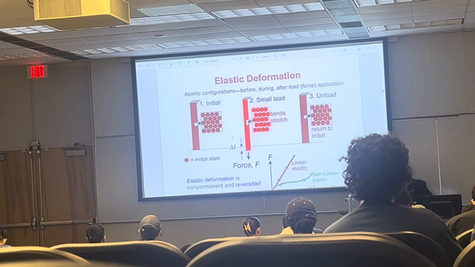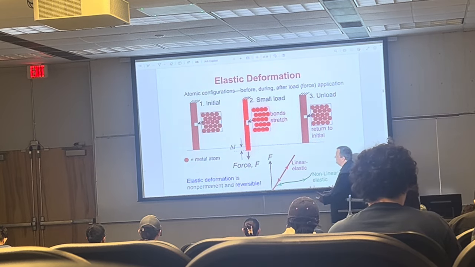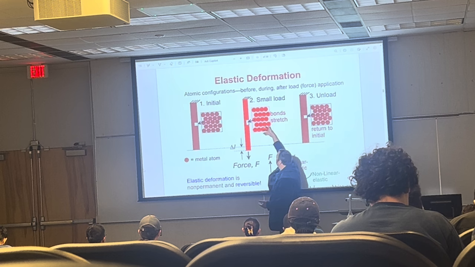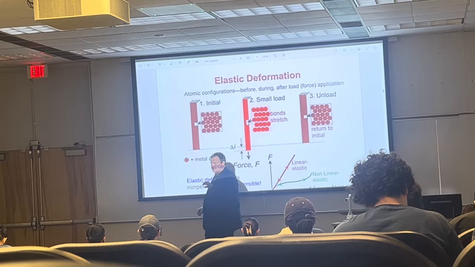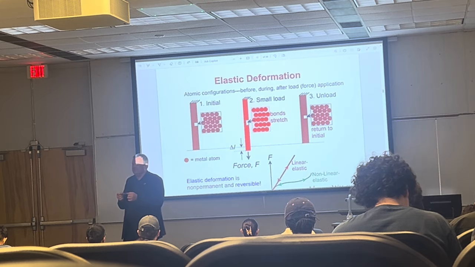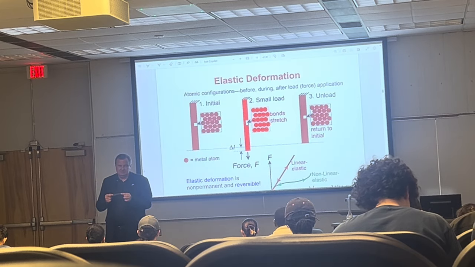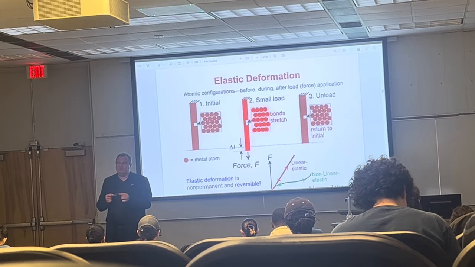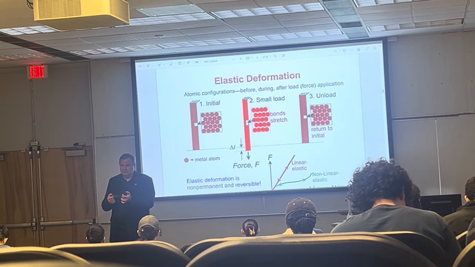So during elastic deformation, we have our atoms, and we apply the force and we get this delta L. This delta L, or elongation of the sample, consists of the stretching of the bonds between the atoms, but the atoms do not move from their positions. They remain where they are.